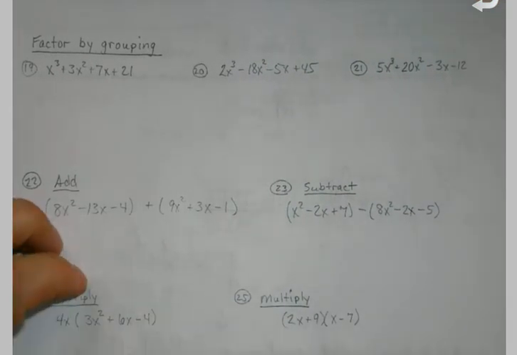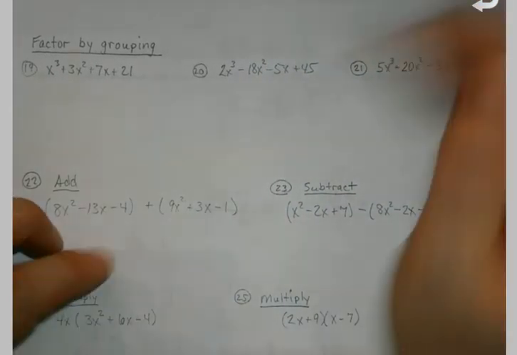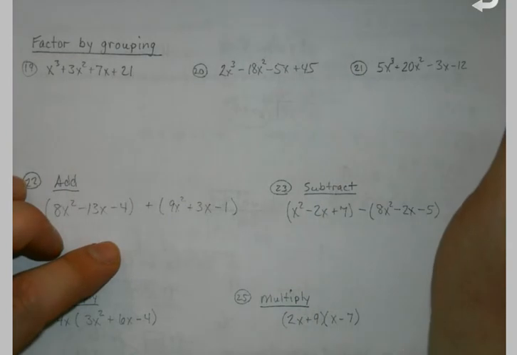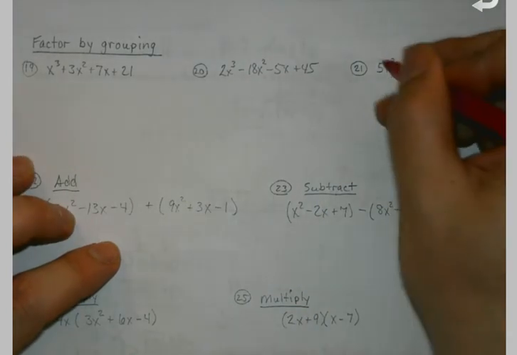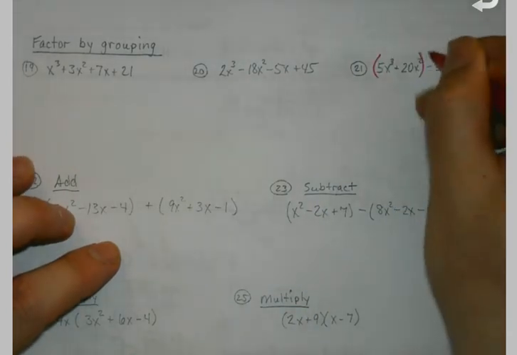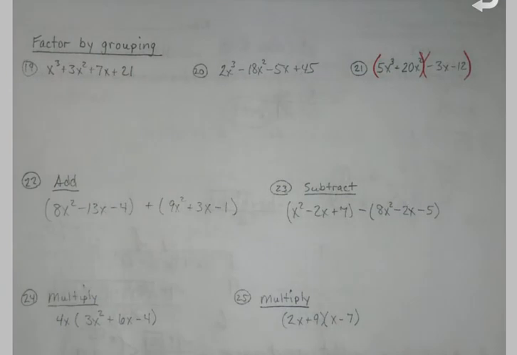Again, when I see 4 terms, and I'm going to jump to number 20. Actually, I'm going to go to 21. If I pair those off, it's basically what we've been doing already, except we're going to just keep working along.